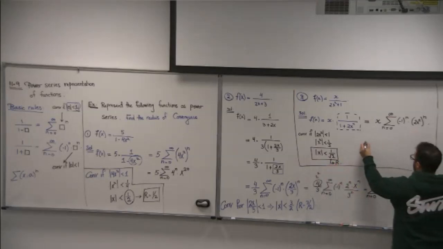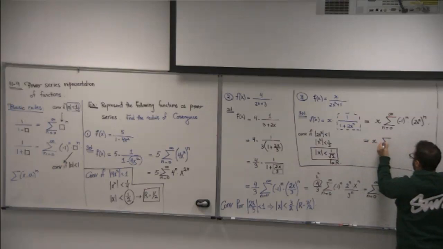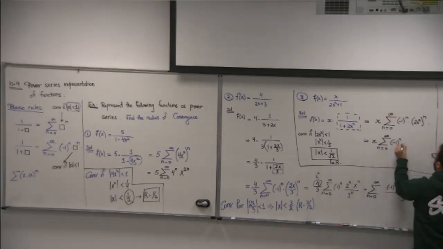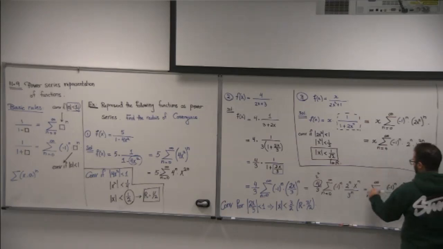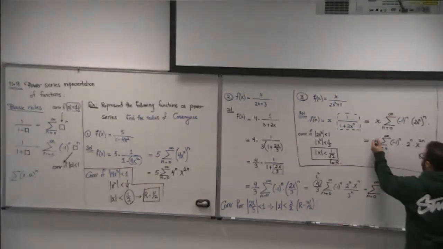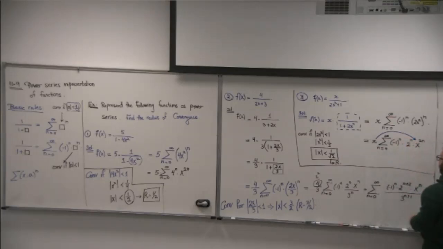If you want to simplify further, we can do this. We can just say sum from n equals 0 to infinity of minus 1 power n, 2 power n, x power 2n. Okay? And you can also insert the x inside.